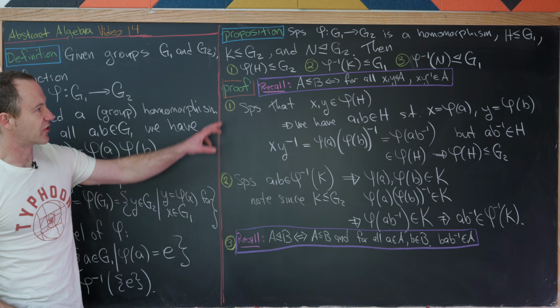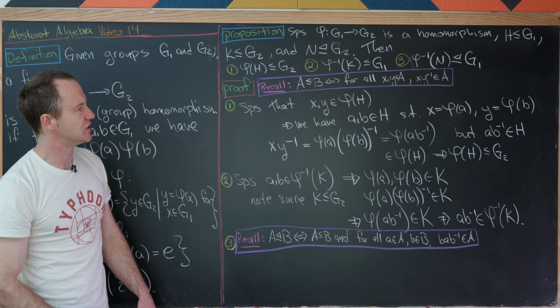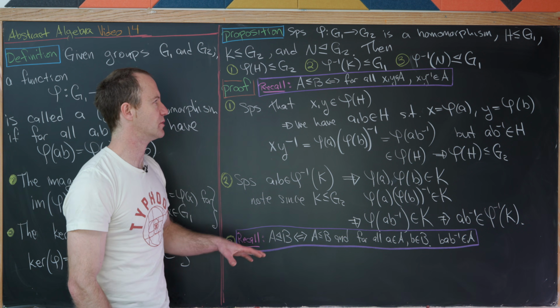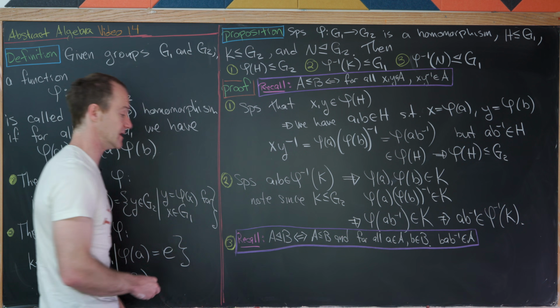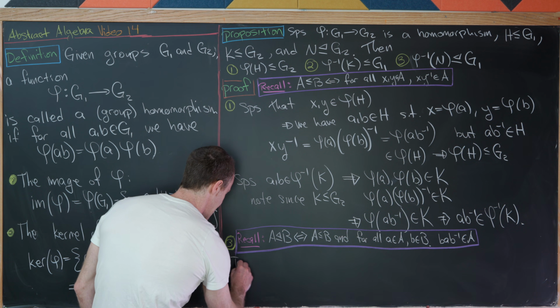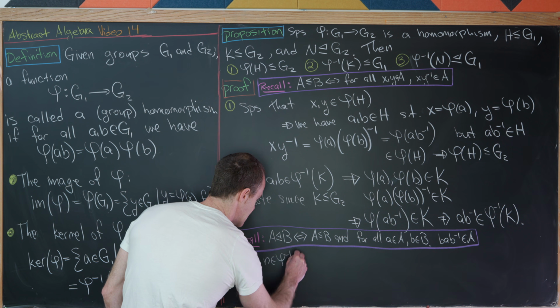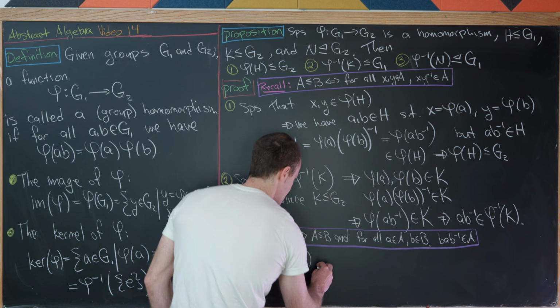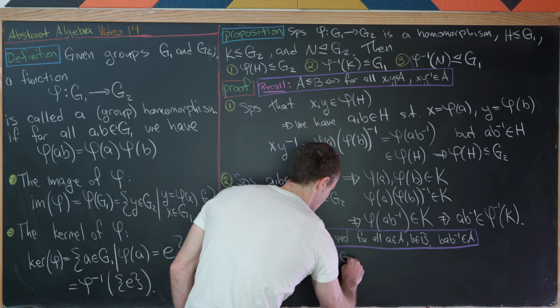So now let's look at our third condition. Okay, we need phi inverse N to be a normal subgroup of G1. Notice it's already a subgroup of G1 by part 2, so we only need to check normality. So let's take, maybe I'll call it n inside of phi inverse of N, and then we'll take a little g inside of G1.